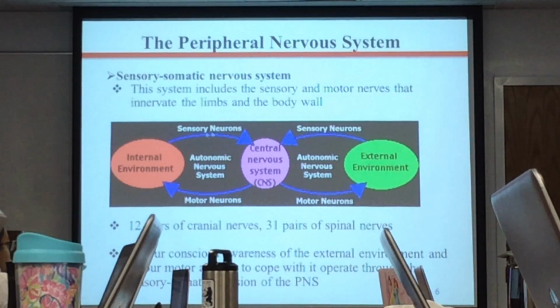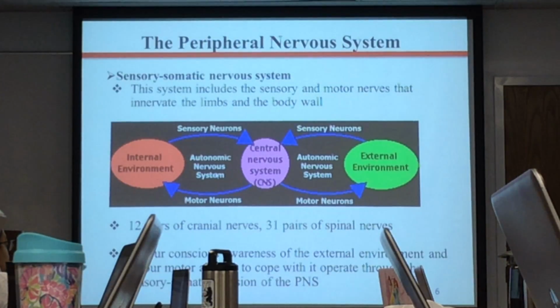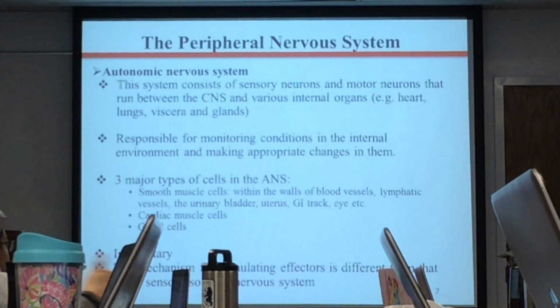And so here the autonomic system is in control, responsible for monitoring conditions in response to the stimuli and making appropriate changes in them so it can be balanced, so you don't overdo it. Does it make sense? So it's kind of a self-protection mechanism.